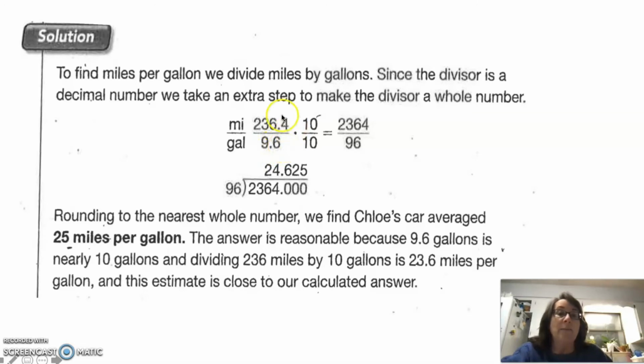So now this quotient is the same as 2,364 divided by 96. And when we do that division, we're going to get 24.625, and that is now in miles per gallon. And we're going to round that to about 25 miles per gallon.